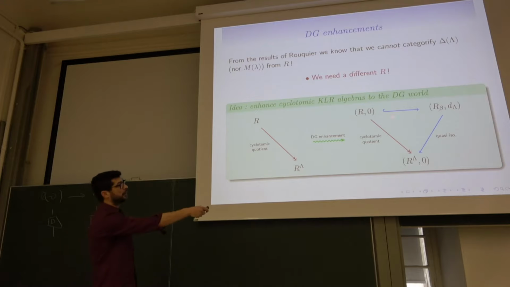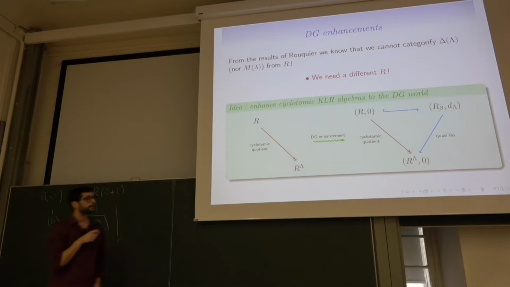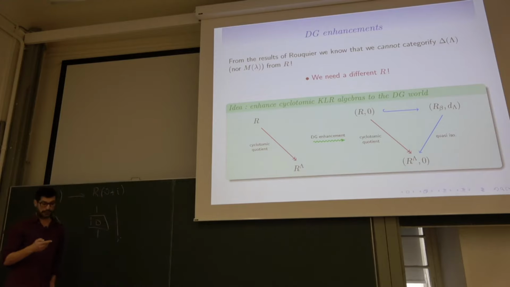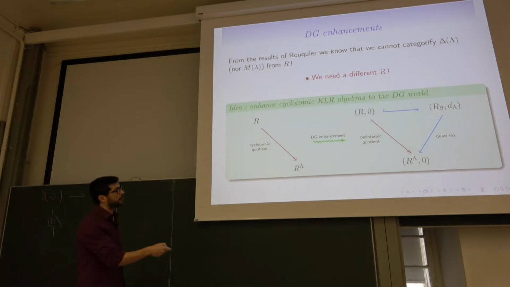So you have an inclusion of DG algebras and a quasi-isomorphism. The goal of my work with Grégoire was to construct these algebras. Although in practice we didn't do anything, we have a lot more structure now.